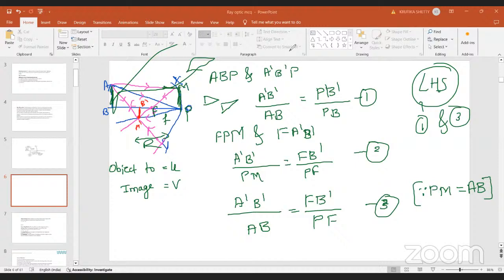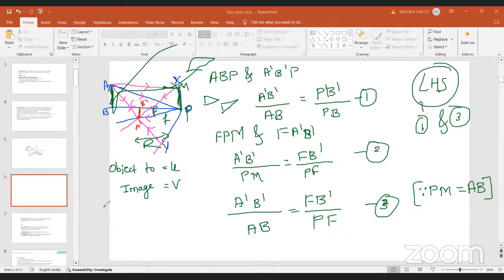Copy down this much. Then by equating the RHS and simplifying, we can come to the derivation and the formula. So please copy down up to equation 3. If any doubt is there in equation 3, please ask.